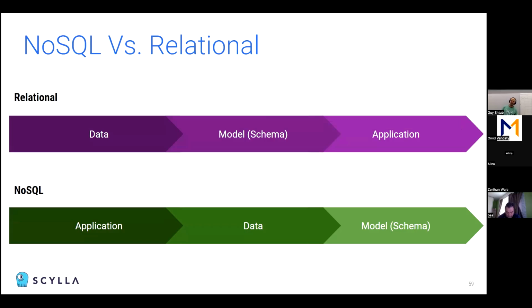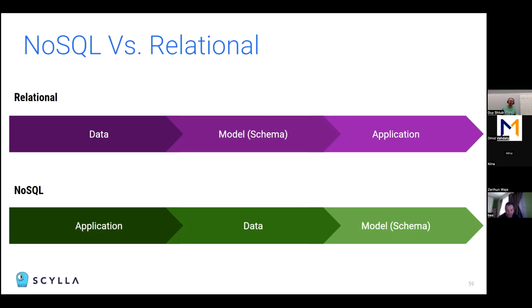our data, first of all, and we create the model according to the data. Then we think about the schema. And finally, we think about our application, about our queries. Whereas in NoSQL, generalizing, of course, but true in most cases, we think about our queries first.